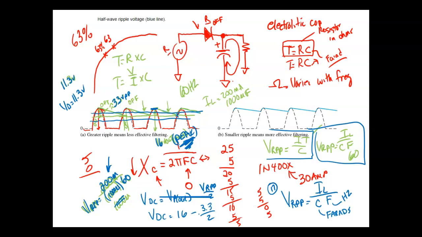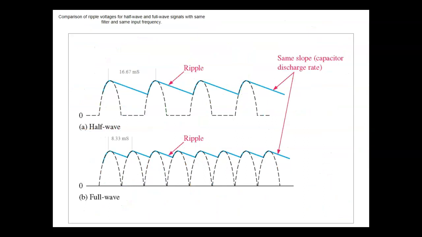This is why a lot of your switching power supplies operate at around 50 kilohertz, because the capacitors hardly have to run the load at all. And this is another advantage of a full wave: for the same size capacitor, the ripple voltage is going to be less, right?